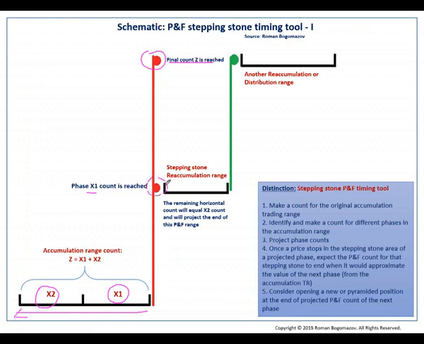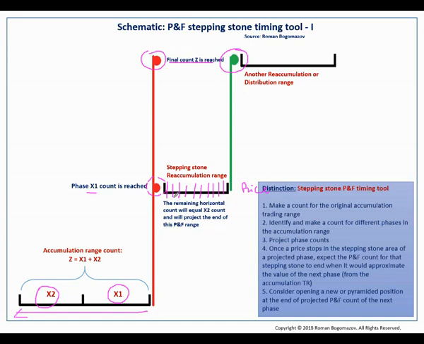So once we've reached the objective for the stepping stone, and we're just going through a consolidation in this area, we already know what the final count is going to be for us. And we know that from this price, we need a specific number of columns to be built in this trading range in order for the price to leave and to reach this objective.